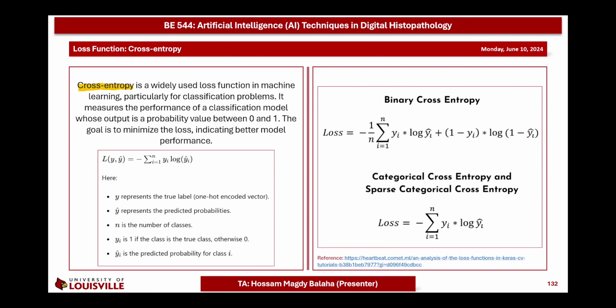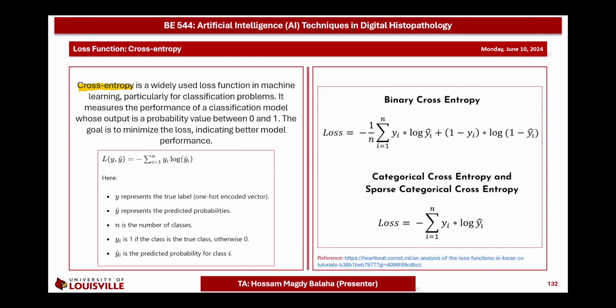Cross-entropy is a widely used loss function in machine learning, particularly for classification problems. It measures the performance of a classification model whose output is a probability, a value between 0 and 1. And our goal for any loss function is to minimize that value. By minimizing the loss function, we indicate that model performance is getting better.